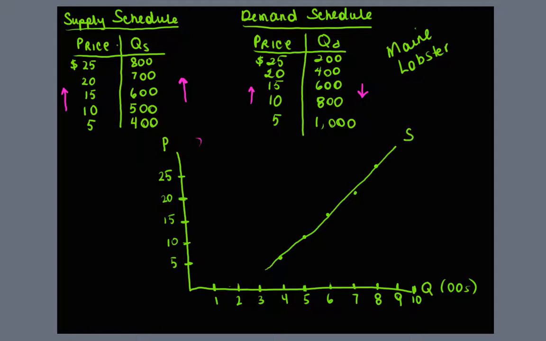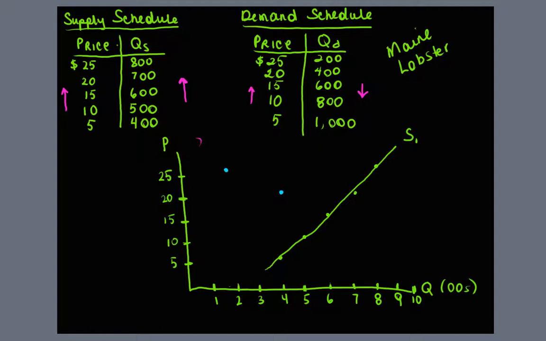And then I'll consider my demand schedule and do the same thing. I have $25 and 200, so I have a point at about here. $20 and 400, so a point that's about here. Notice that as the price is reduced by $5, consumers want to consume 200 more Maine lobsters.